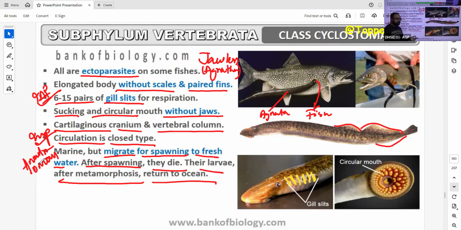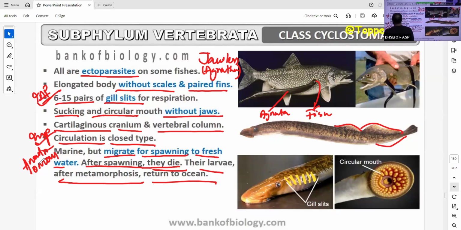But the adults would die in the process. So once they lay their eggs and the eggs are about to hatch, the adults, the parents, they basically die or undergo degeneration. Okay, fine. So after spawning, they die. The larvae after metamorphosis return to the ocean.